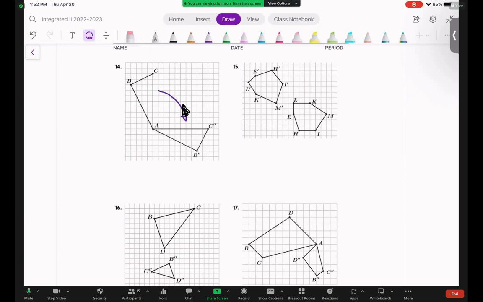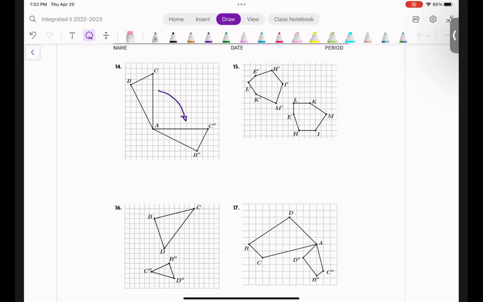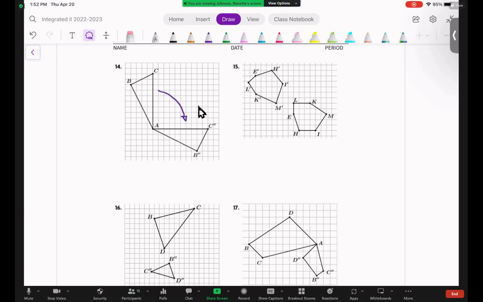The B would be sticking out up here. So you could say that you rotated it and then you reflected it. That's fine, but there are many different ways, so I'll just say it like this.